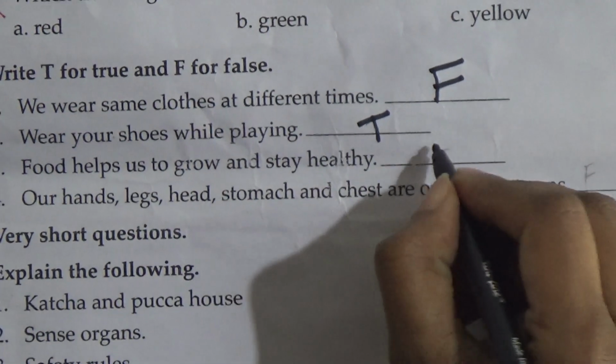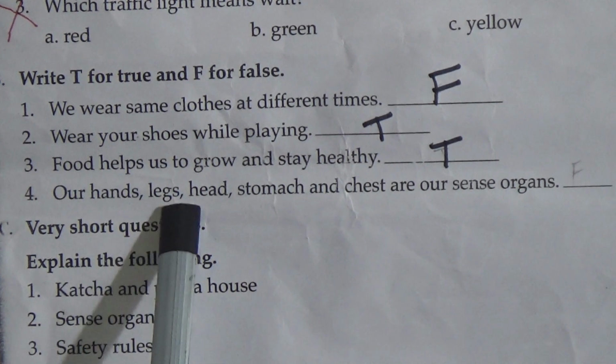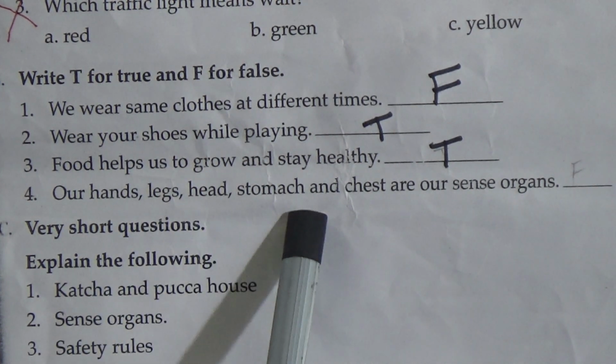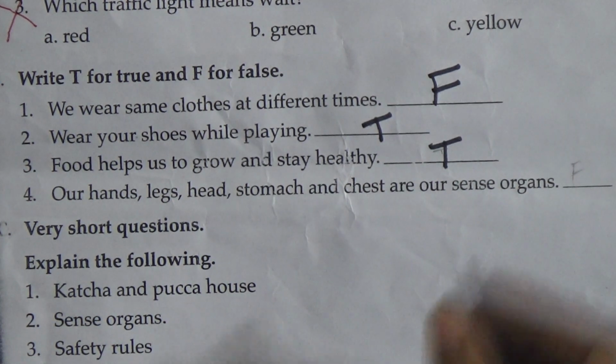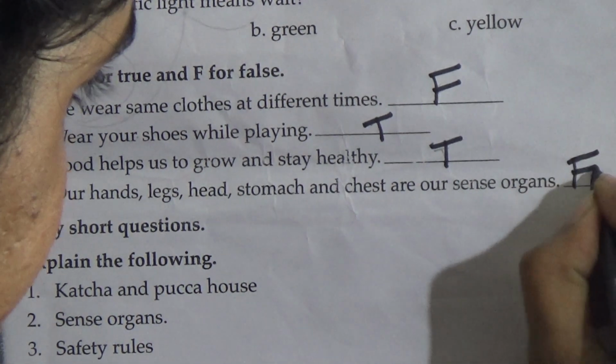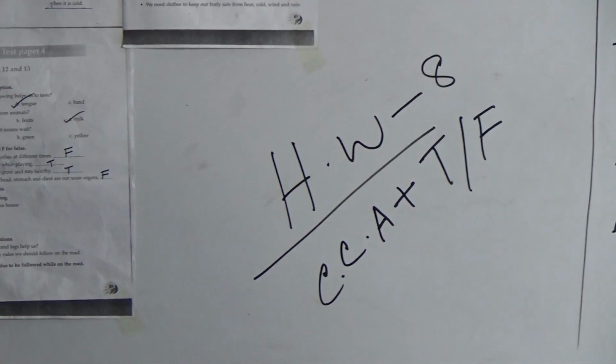This is true. Number 4. Our hands, legs, head, stomach and chest are sense organs. This is false. Dear students, our today's homework is choose the correct answer and true false.